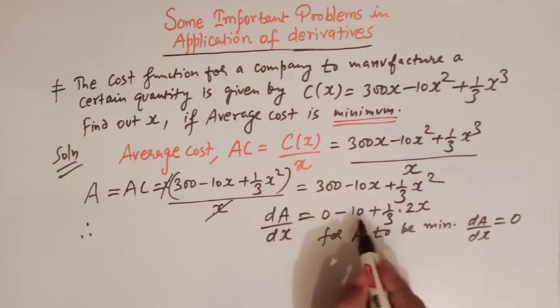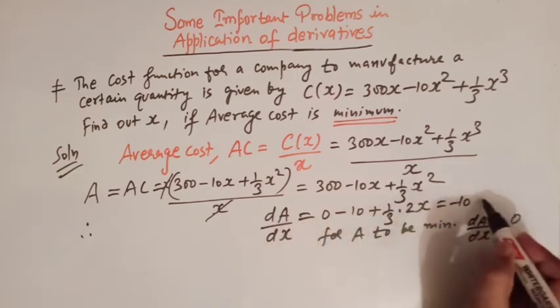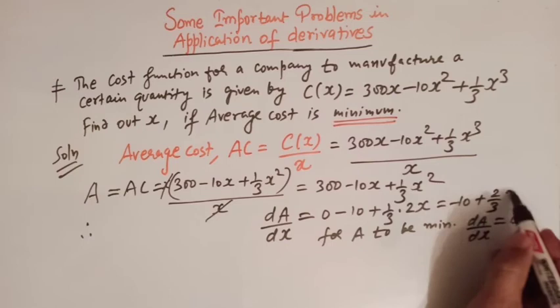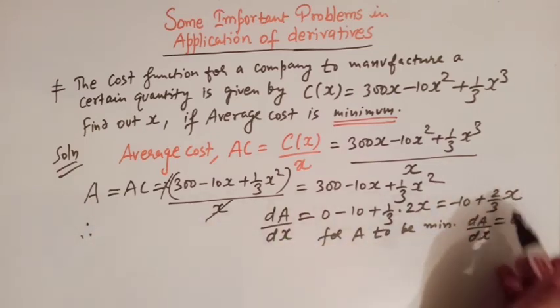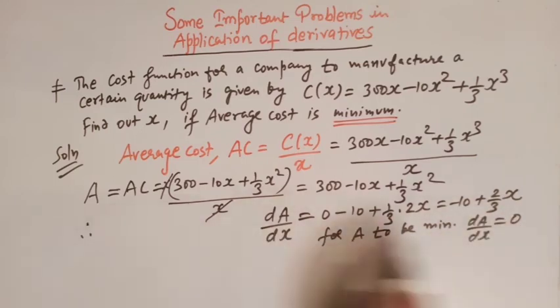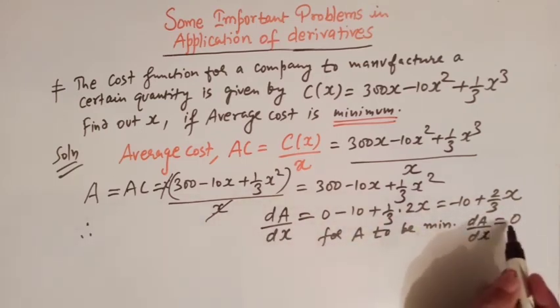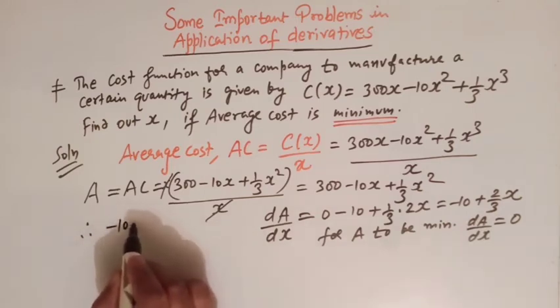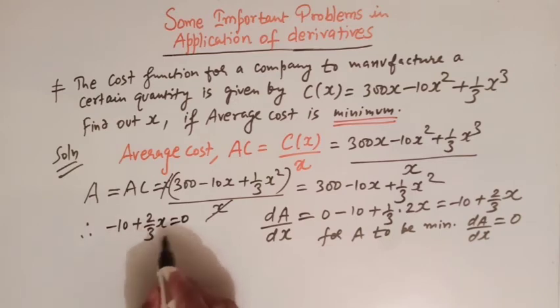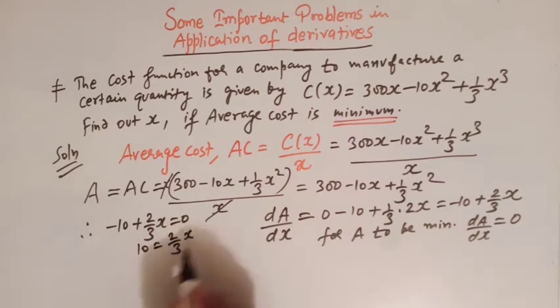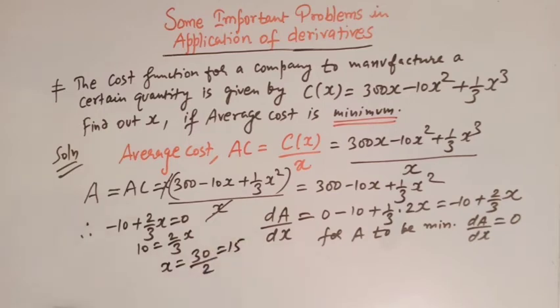So we have minus 10 plus 2 by 3 of x equal to 0. So if we solve it, we get 10 is equal to 2 by 3 x, and x is 30 over 2, that is 15, right? So the value of x is 15.